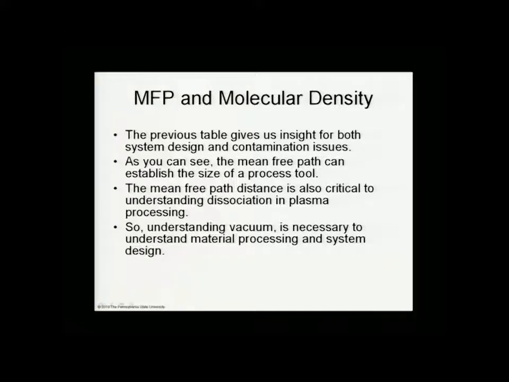The mean free path can also establish the size of a process tool, because it controls the distance over which the molecules or atoms suffer collisions and bounce all around. It is also critical to understanding plasmas, and in general, vacuum is very, very important, and we need to understand it for material processing and system design.